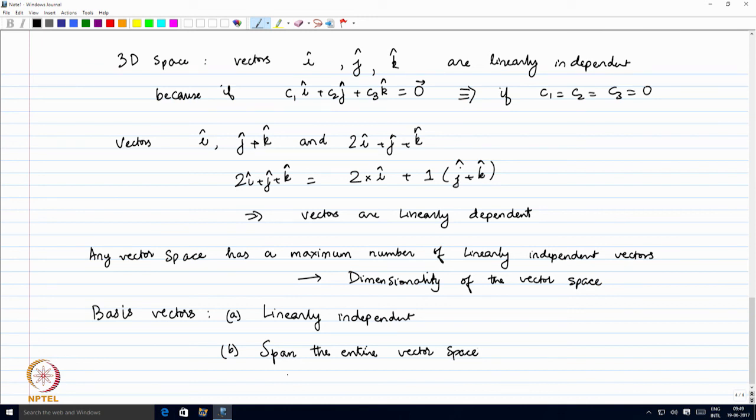So, that means any vector can be written as a linear combination of basis vectors. Basically, if you know the basis vectors, then you can take a linear combination and you can construct any vector in the vector space. So, that is what it means to span the entire vector space.